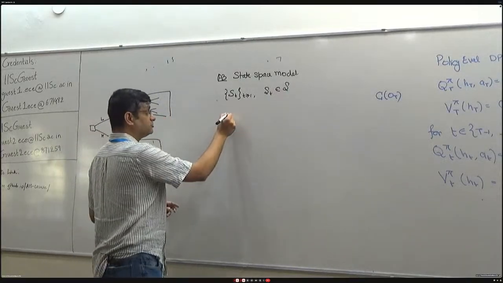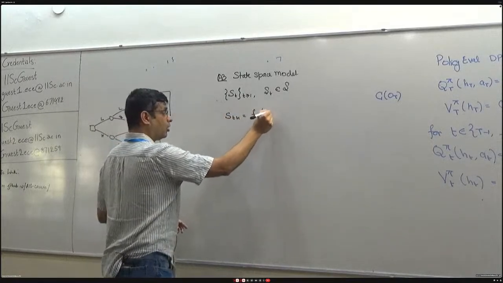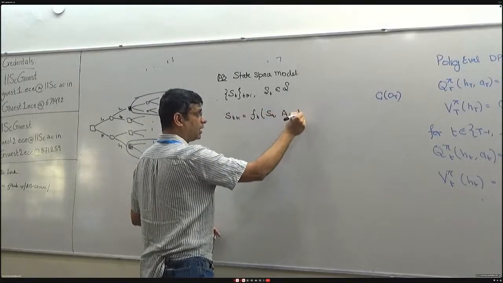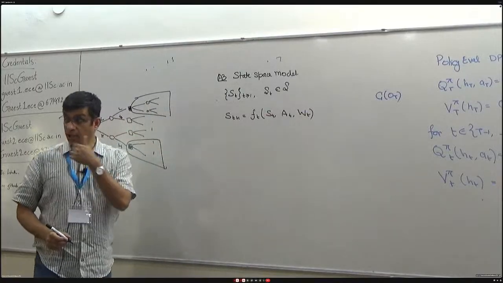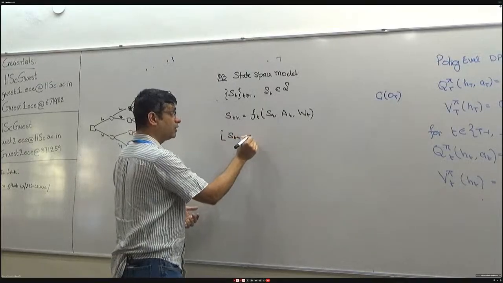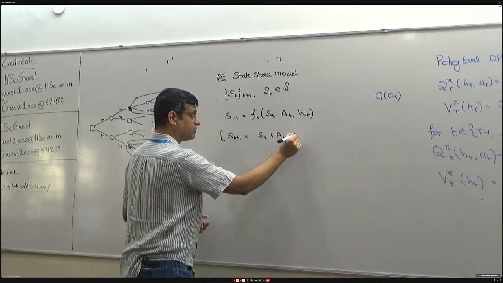The state at time t plus 1 is some function of the state at time t, the action at time t, and the disturbance at time t. In the inventory management example, F_{t+1} was equal to F_t plus A_t minus W_t.